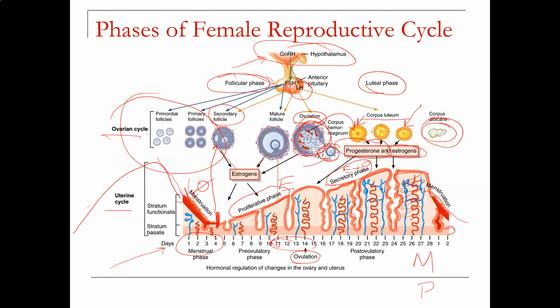So we'll talk more about this in the next lecture, but the secretory phase is mandatory for the developing zygote when it gets there, because by then it will have used up its stored nutrients in the egg, and it's going to need those nutrients that are supplied by these glands. So it's all timed precisely so that the uterus is in the secretory phase soon after ovulation.